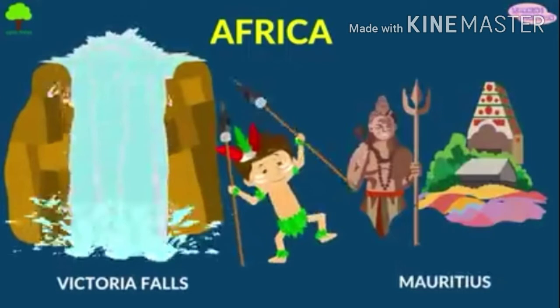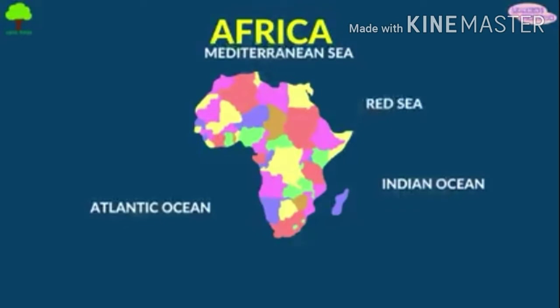Now, some important facts. It was referred to as the dark continent. Which continent? Africa. Because very little was known about its history and the people who lived in it. Hence, the land remained a mystery.